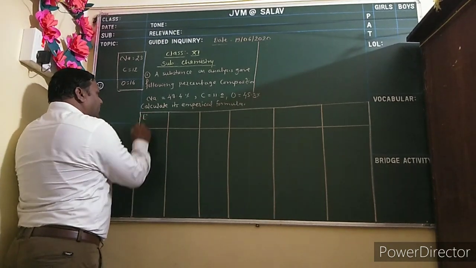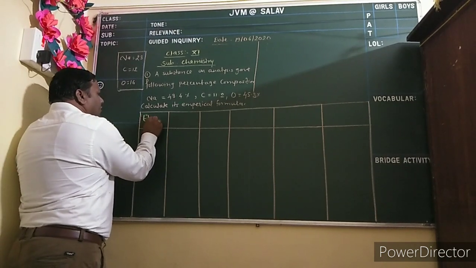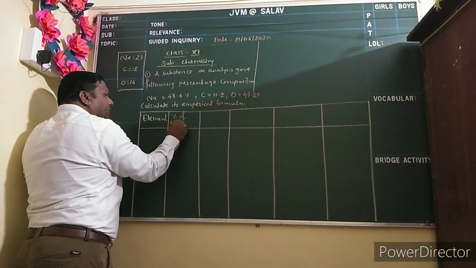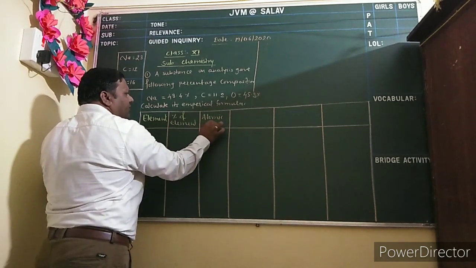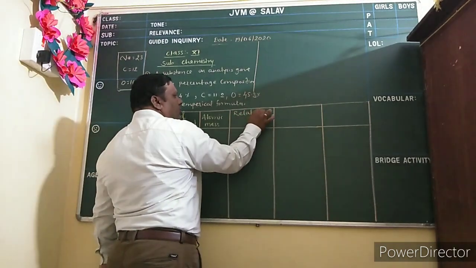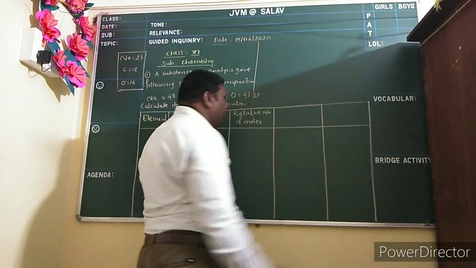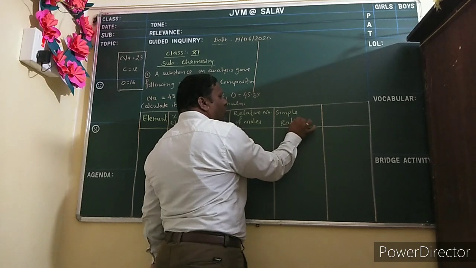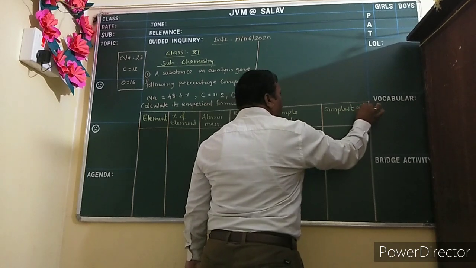In the first column it will be element, then percentage of element, atomic mass, then relative number of moles, then simple ratio, and here the simplest whole number ratio.